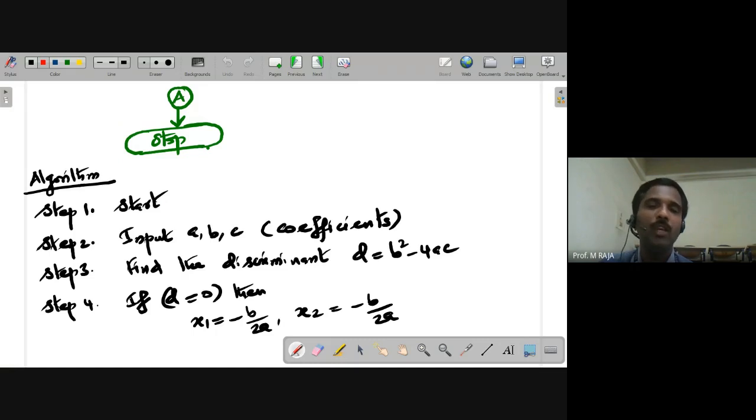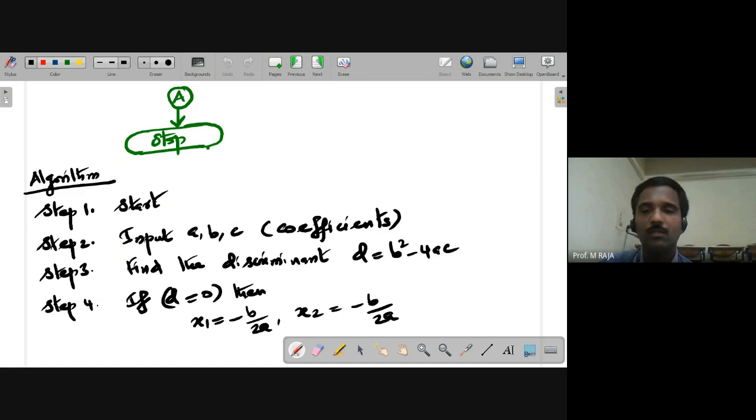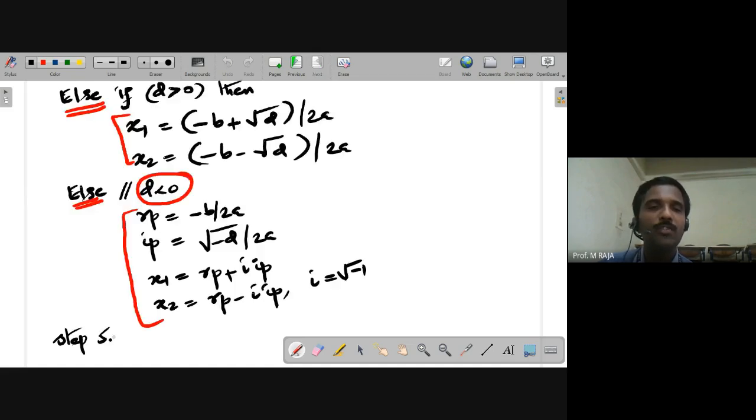Computations are carried out for x1, x2, right? Whatever is the case, d is equal to 0, d greater than 0, or d less than 0, then step 5. What is step 5? What you have to write in step number 5?